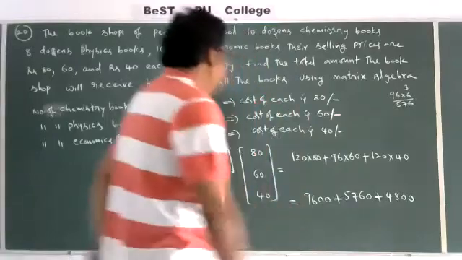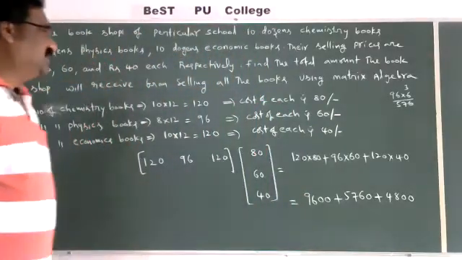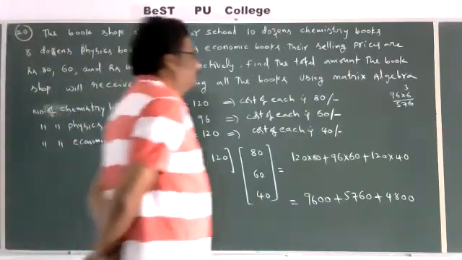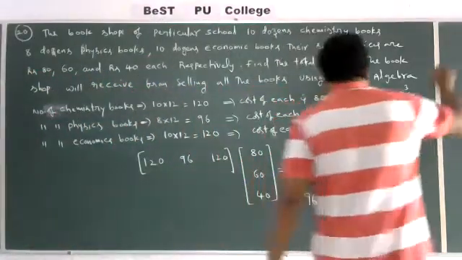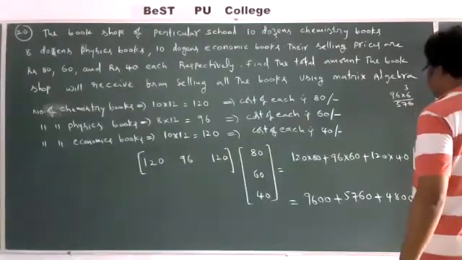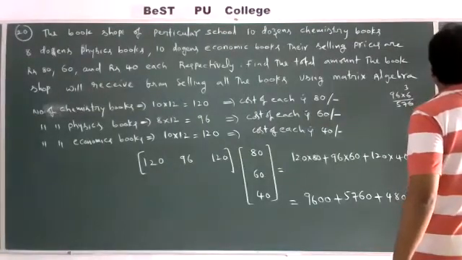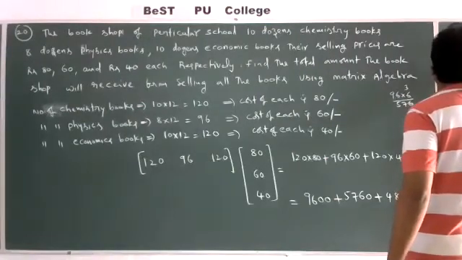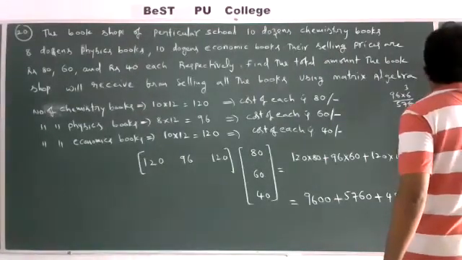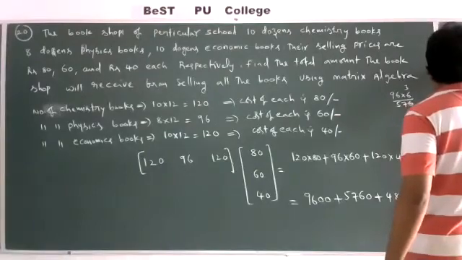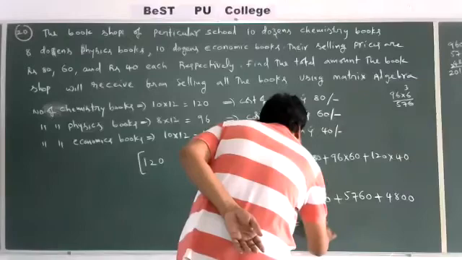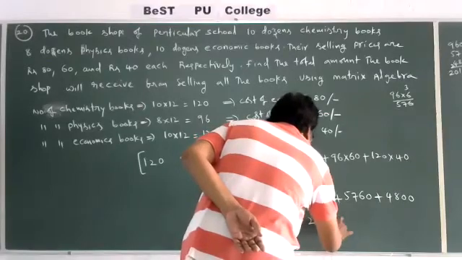Then adding 9600 plus 5760 plus 4800, that is 20,160 rupees.